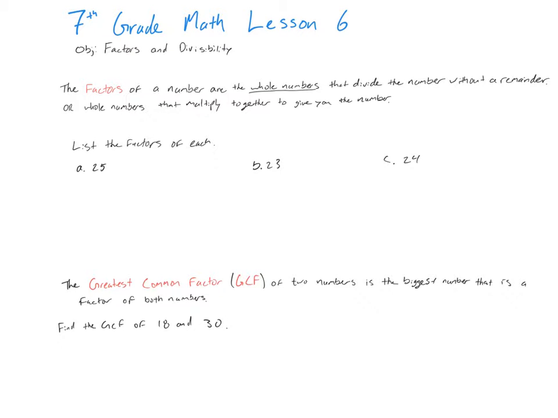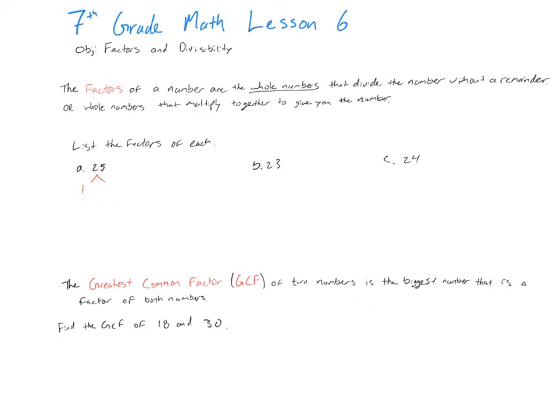So let's list factors here of these numbers that I've given you, which are actually from your practice set. So what I'm going to do is try to think of just two numbers that multiply together to give me 25. So I'm going to start at 1.